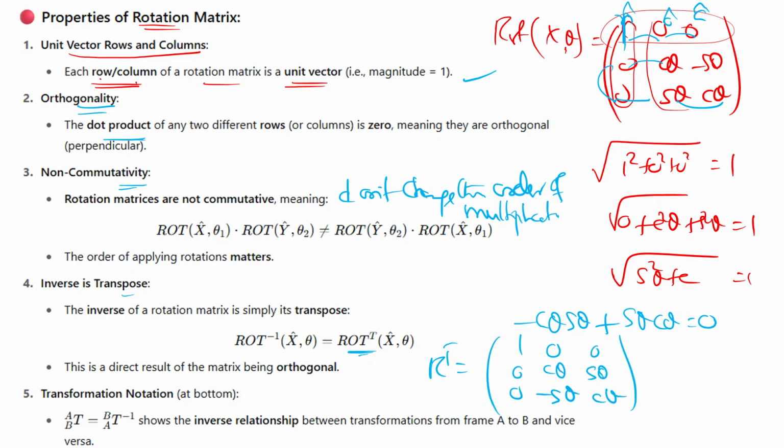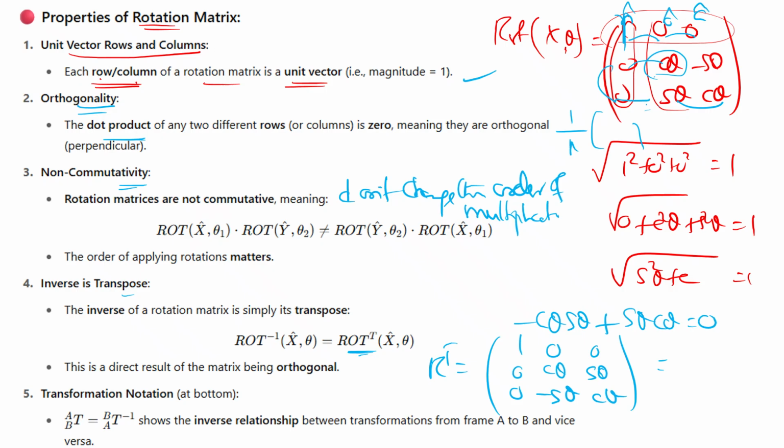Let's check that if we take the inverse of it, that inverse should be equivalent to the transpose. Here, it is 1 by the determinant, which is 1, and then you can take the inverse of it, and definitely that will be equivalent to this. So R transpose is equivalent to R inverse.